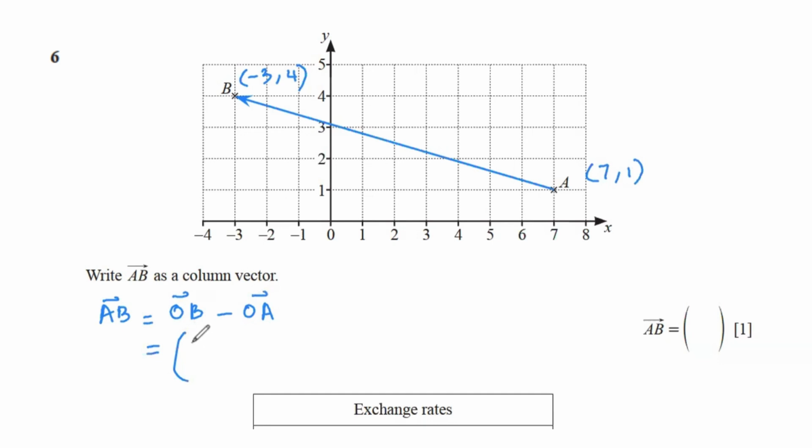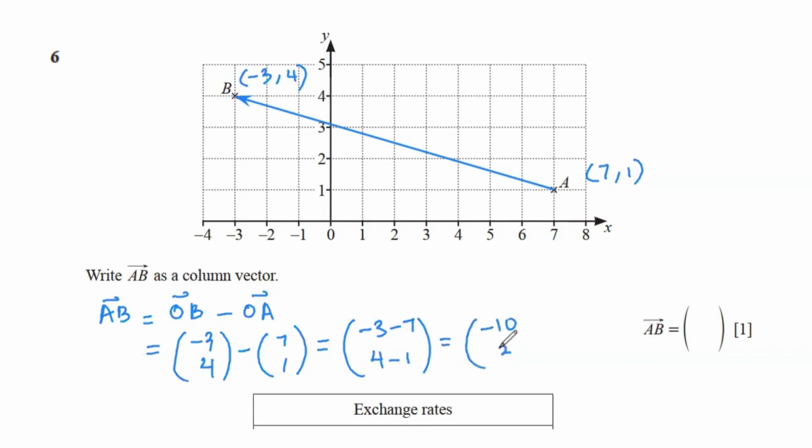So OB is -3, 4, and OA is 7, 1. So we subtract the x value from the x value and the y from y. So -3 minus 7 and 4 minus 1, and that's -10 and 3. That's your column vector AB.